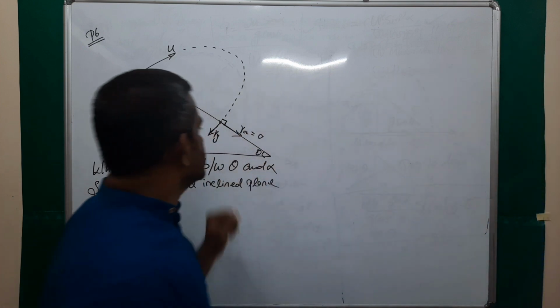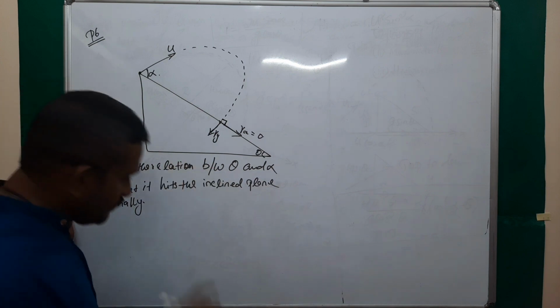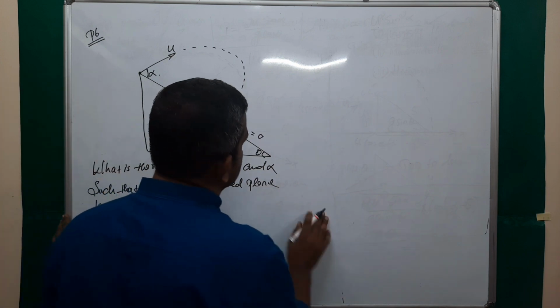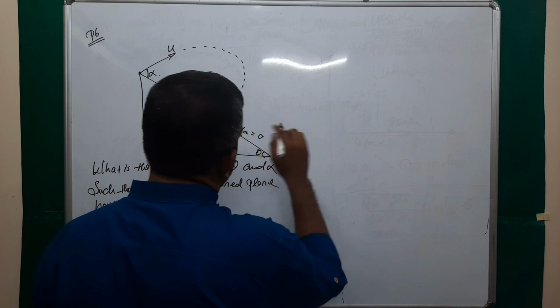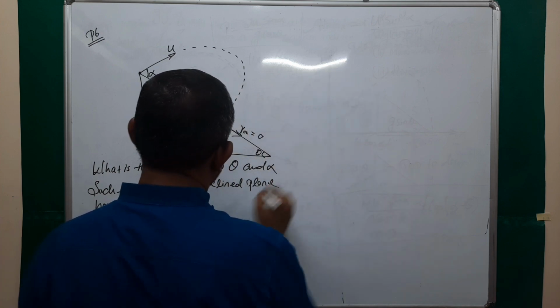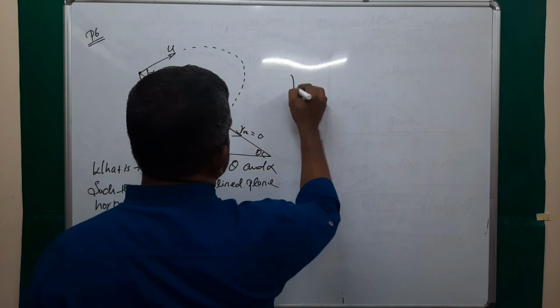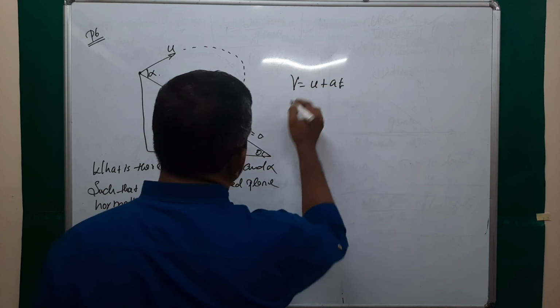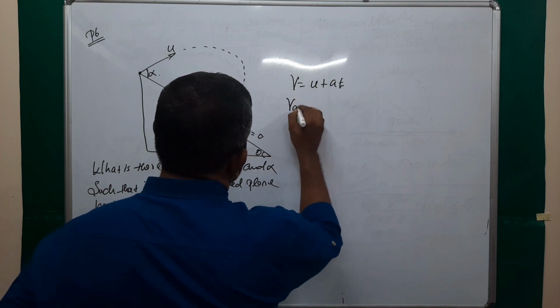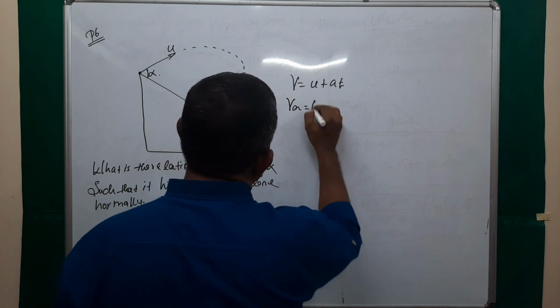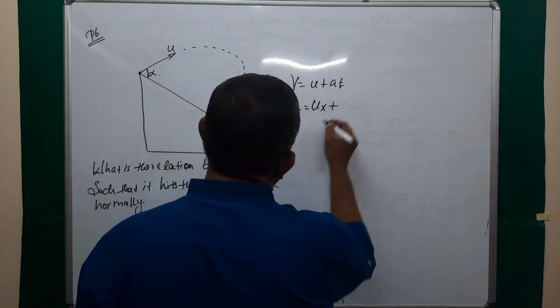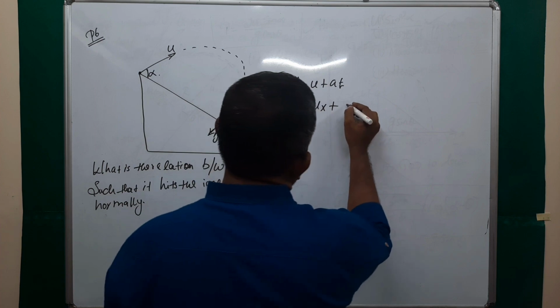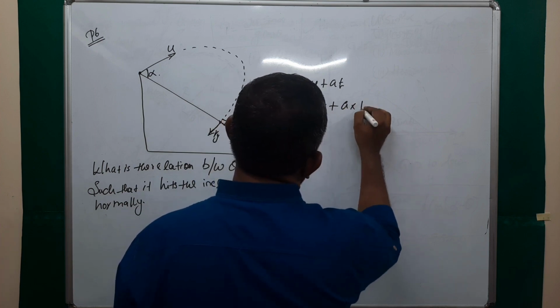Using this condition we can find Vx equal to, what is the formula? V is equal to u plus at. So I am using the kinematic equation v is equal to u plus at. So Vx equal to Ux plus Ax into t.